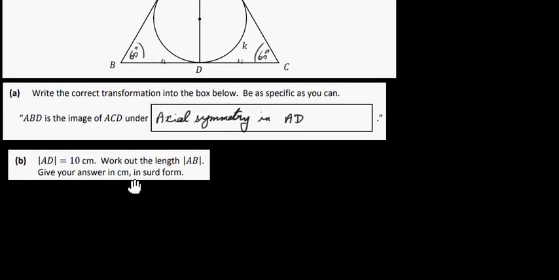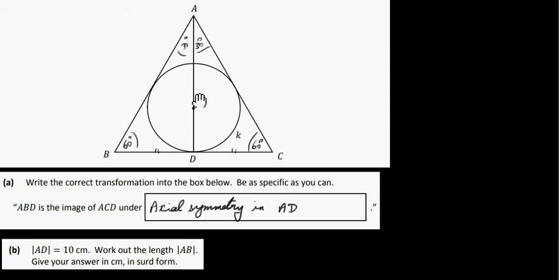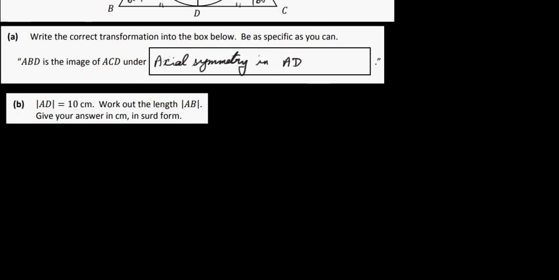Let's see part B then. AD is 10 centimeters, so this line here is 10 centimeters. Work out the length of AB, so this length down here. Okay, so now we are going to end up using this angle here, 60 degrees. Let me just redraw ABD.